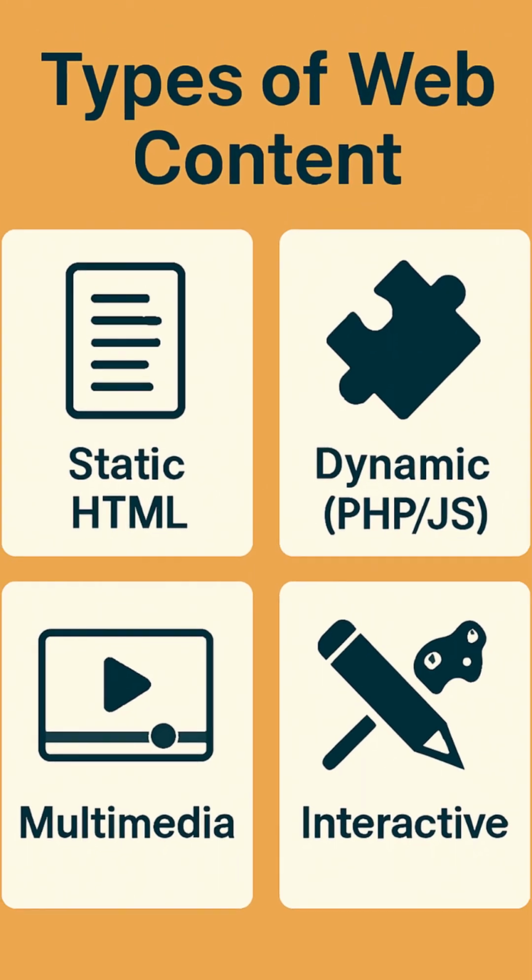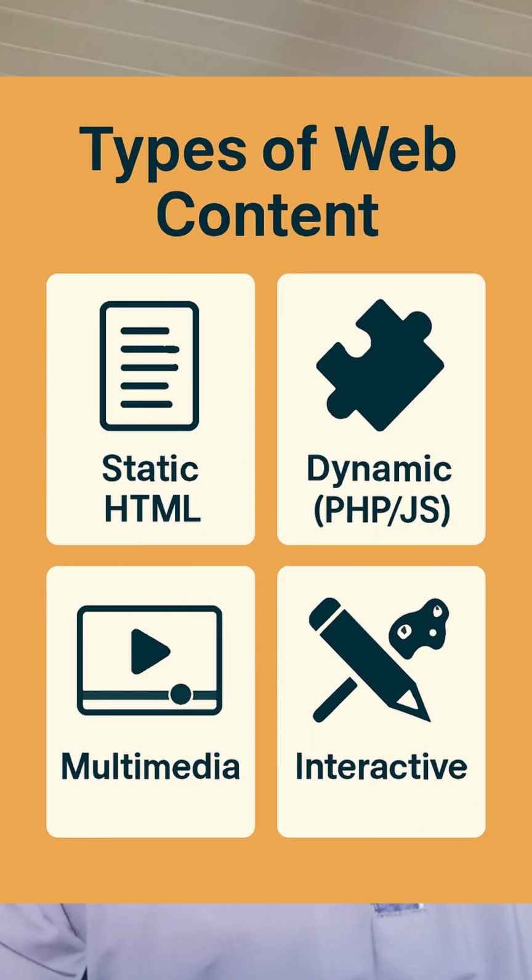It's not dynamic. Then the next one is what we call dynamic content. This one is generated by scripts or applications. Scripts here means scripting languages like JavaScript, PHP, and the rest of them.